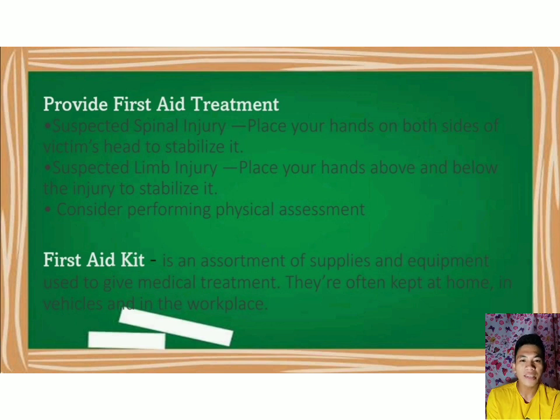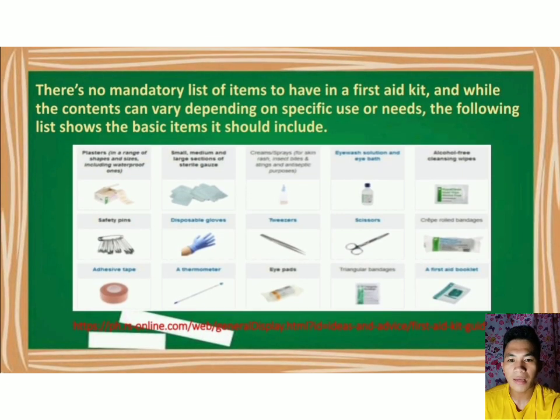Mga equipment or materials nga need sa usa ka tao nga na-aksidente, labi ang mga importante nga magamit. So proceed ta, makita na diri ang mga materials nga dapat nabutang sa first aid kit.